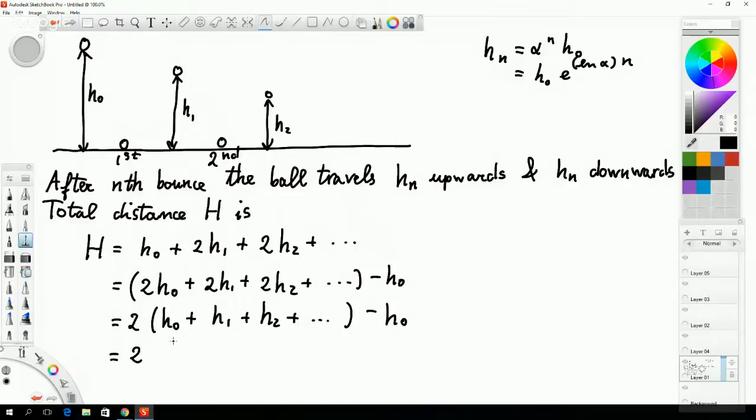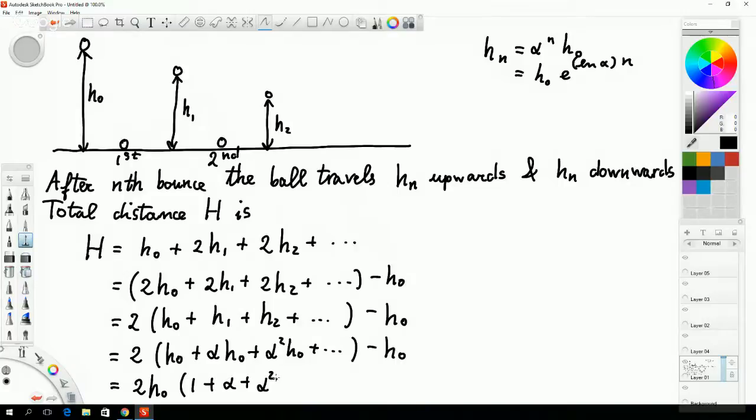We end up with 2 into h naught plus alpha h naught plus alpha squared h naught plus dot dot dot, minus h naught. And so we end up with 2 h naught into 1 plus alpha plus alpha squared plus dot dot dot, minus h naught. Now we have a very simple looking infinite sum inside those curly brackets.